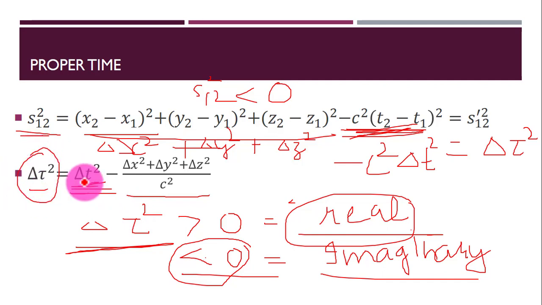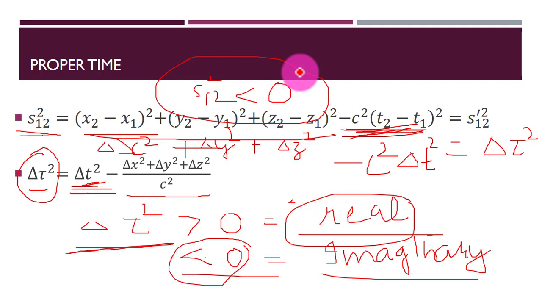For that to happen, as you know, proper time is defined such that this term is going to be smaller than this term, so S12 is going to be negative in that case. So the condition is going to switch.